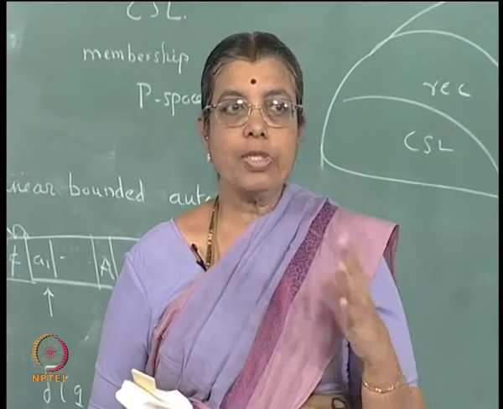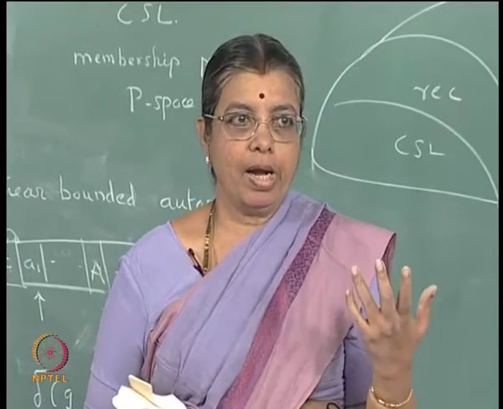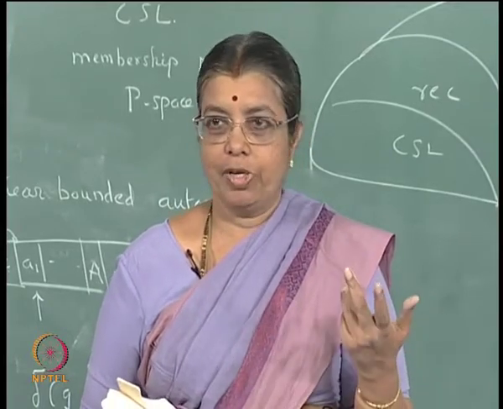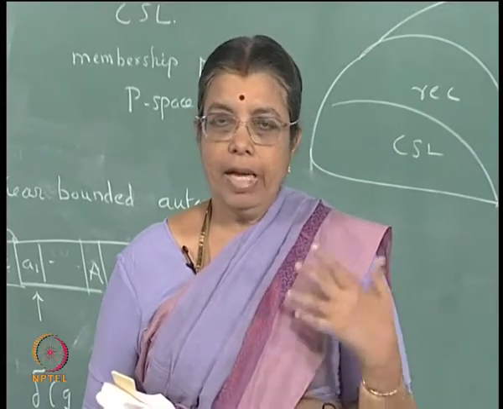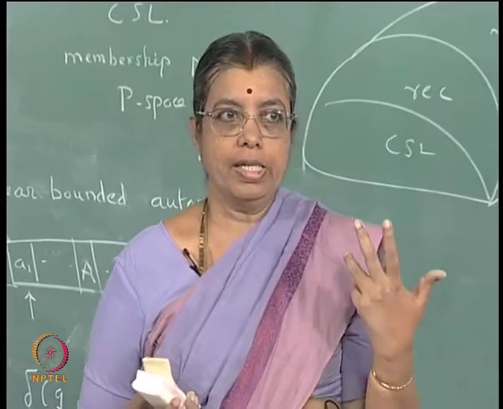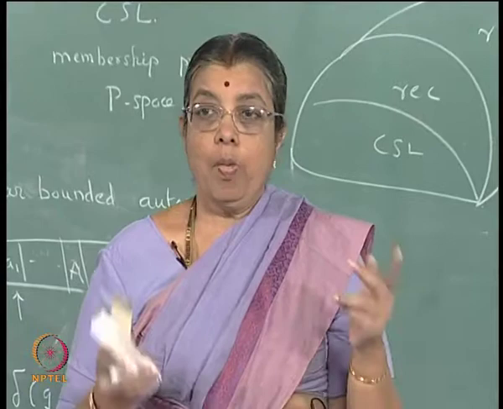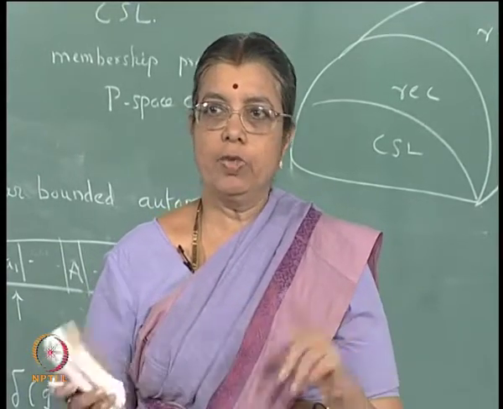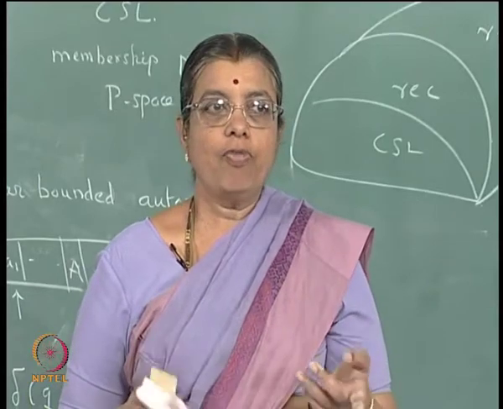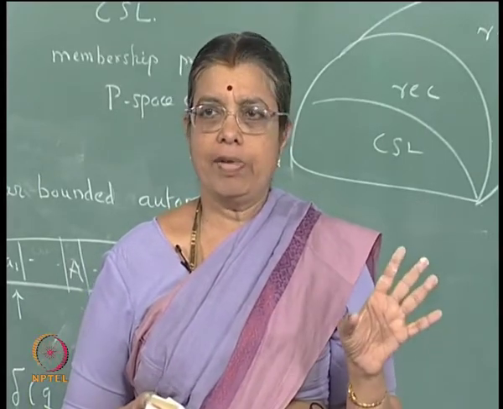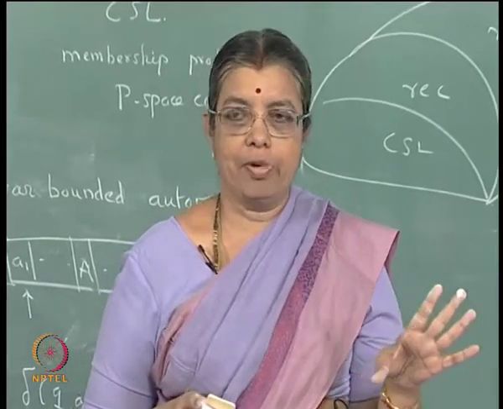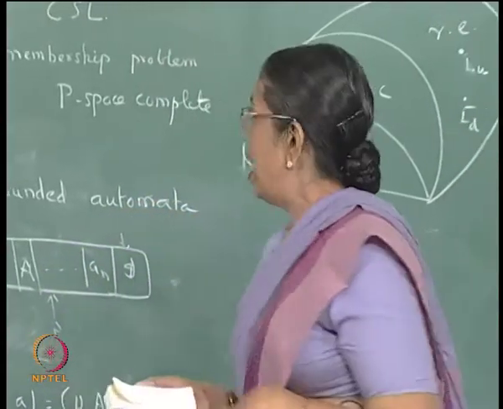Whereas in the case of push down automata, for WWR or certain languages, you are not able to construct a deterministic push down automata. Here, whenever you take a context sensitive language, you are able to construct a deterministic linear bounded automata. The proof showing the equivalence uses non-deterministic linear bounded automata. But so far, any context sensitive language you take, you are able to construct a deterministic linear bounded automata for that.